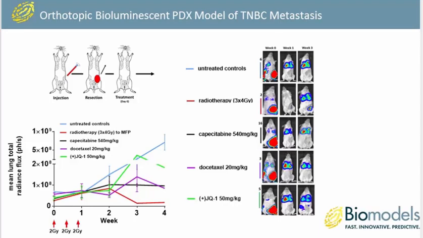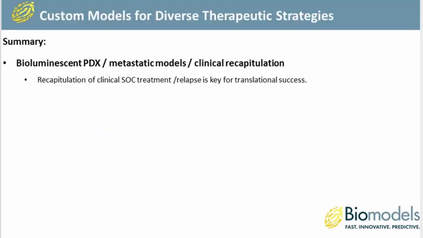You can see in the mouse images here that we've resected the primary tumor, and we're assessing here in the graph at the lower left just the metastatic progression, so just the lung signal at this point.